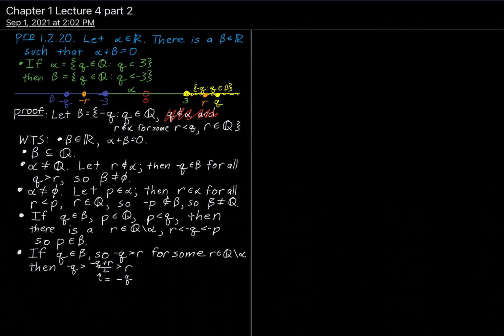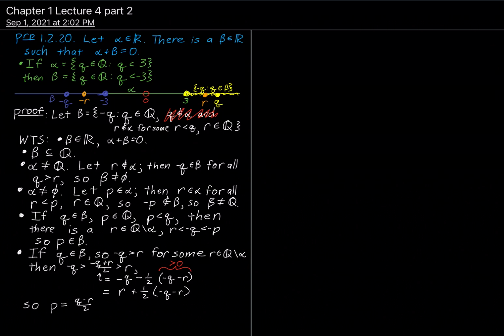This is negative Q plus 1/2 of negative Q minus R, or minus 1/2, sorry, and this part is greater than 0, so this is certainly less than negative Q, but it is also equal to R plus 1/2 of negative Q minus R, so it's certainly greater than R. So let's let P be written as Q minus R over 2.